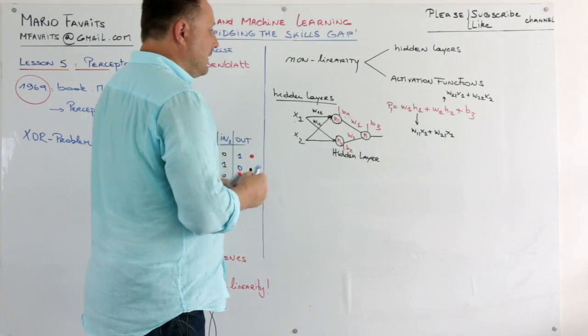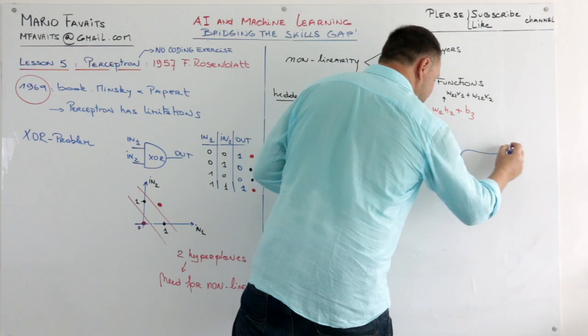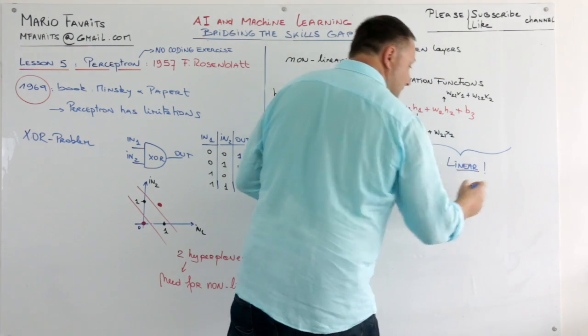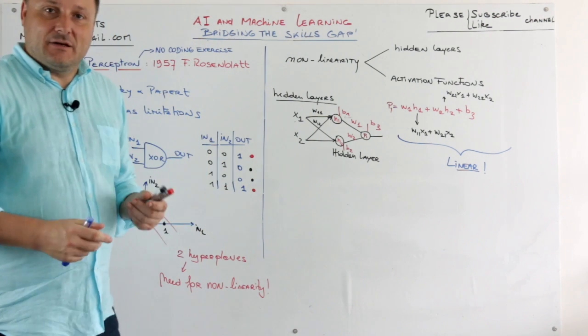But what you see here is still linear. So just adding a hidden layer is not enough.